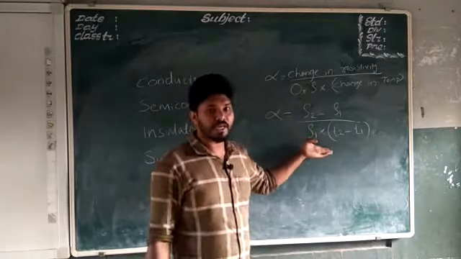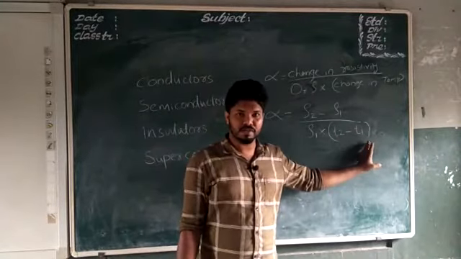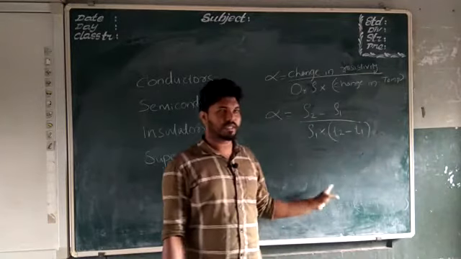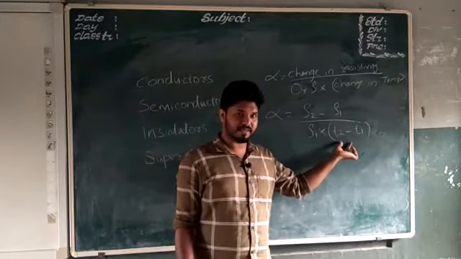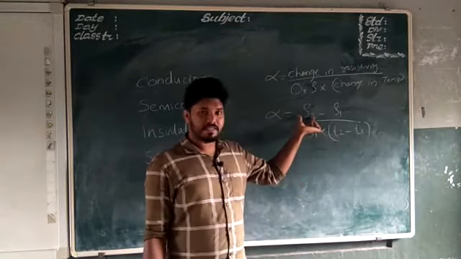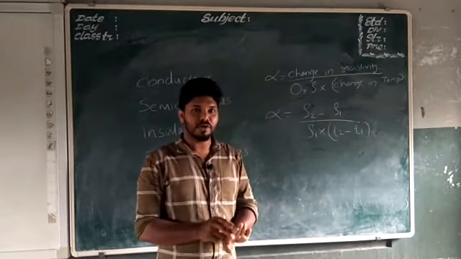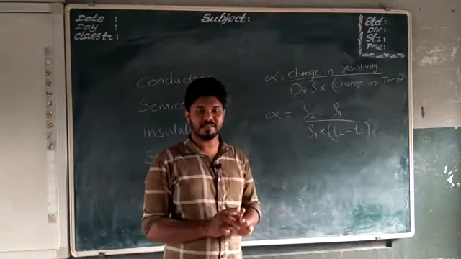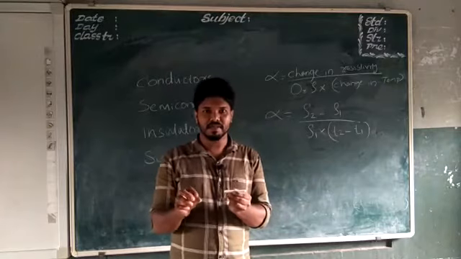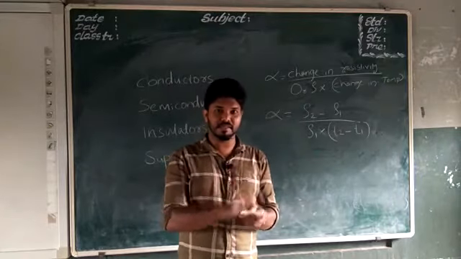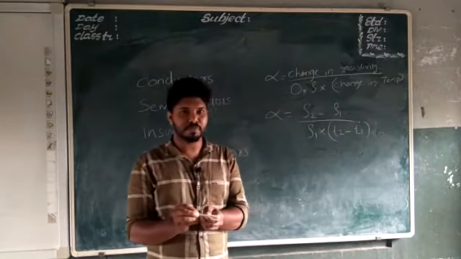If a conductor or a circuit is working, obviously the temperature will increase only, isn't it? Temperature will not decrease according to the working of an object. So if temperature is increasing and resistivity also increases, ρ2 will be greater than ρ1. We have a conductor with resistivity ρ1, and after some time the temperature increases and the resistivity becomes ρ2.